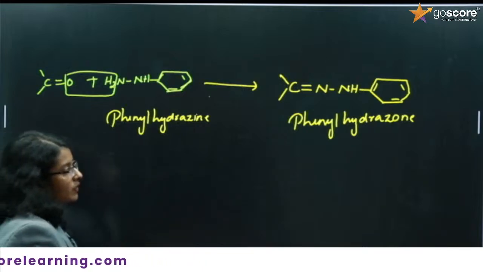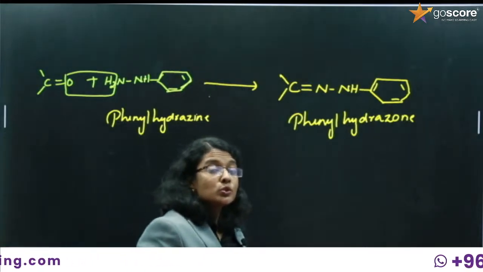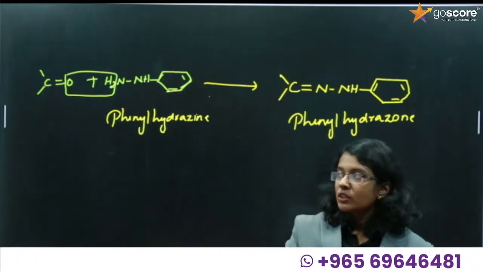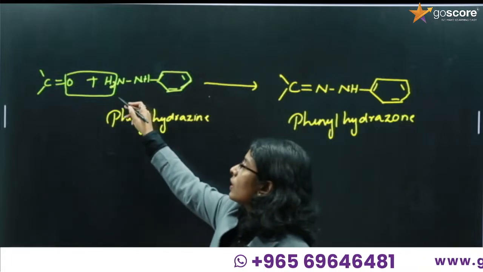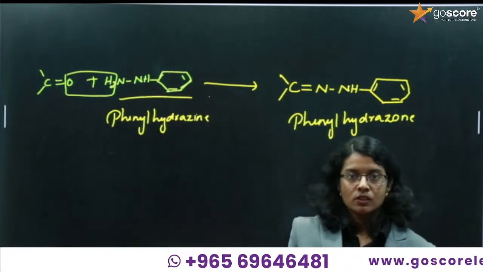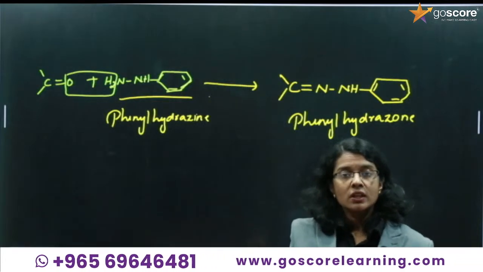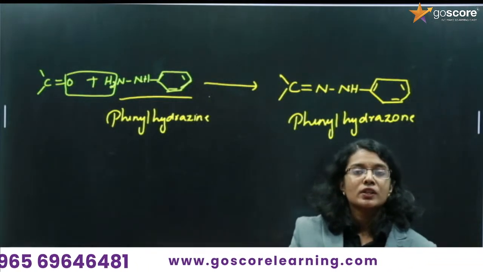Next, if we are treating a carbonyl compound with 2,4-dinitrophenyl hydrazine. So now you learn the formula of phenyl hydrazine. 2,4-dinitro means that in the 2,4 position there is a nitro group.